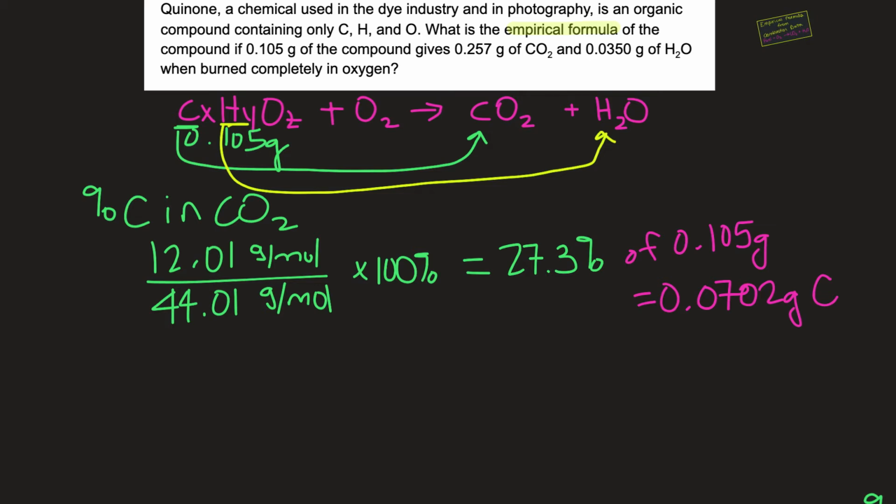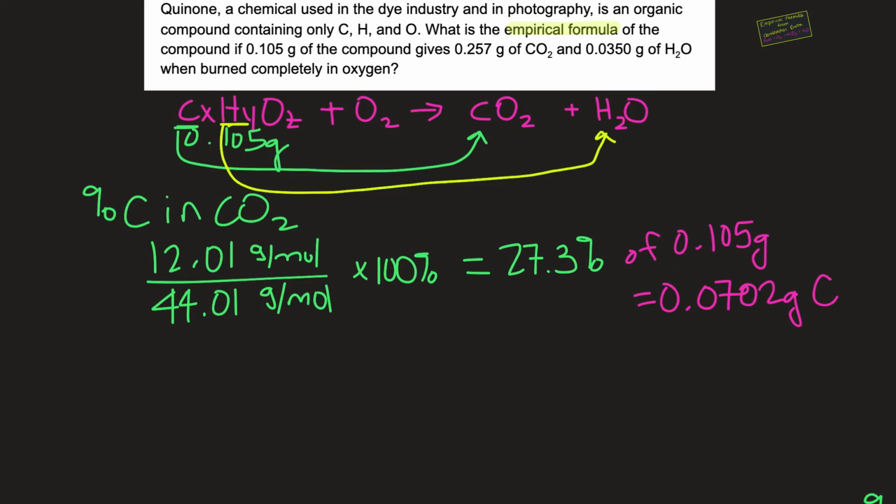Hi, it's Mrs. Weck with a big old I'm sorry, because I made a mistake. What I just told you was totally false. This is the amount of compound you have, and I should not have had that number here. 27.3% is the mass percent of carbon in carbon dioxide, so we need to take 27.3% of the mass of carbon dioxide.